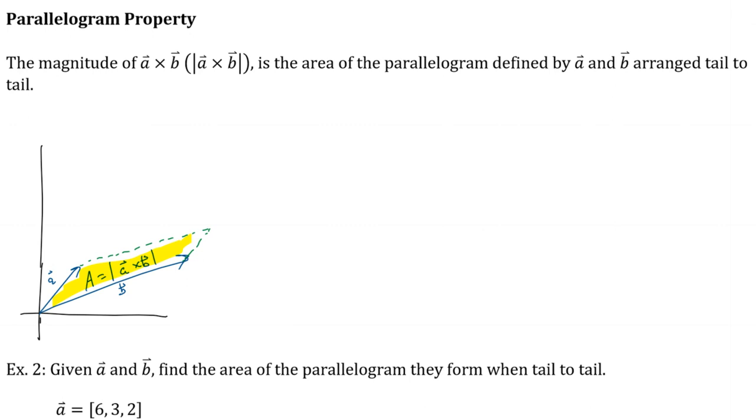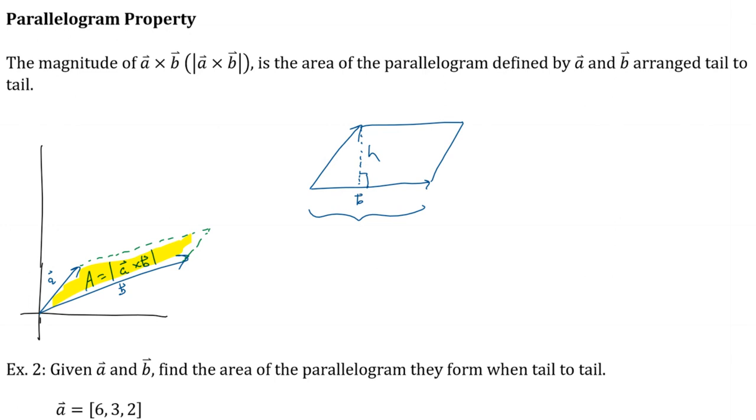It might seem strange as to why this works, but let me draw these again, sort of differently, not necessarily the same ones, a bit more angled. There we go. Okay, and then I'm going to complete this parallelogram. So how do you find the area of a parallelogram? Well, you multiply the length of the base times the height. That's how you find the area of a parallelogram.